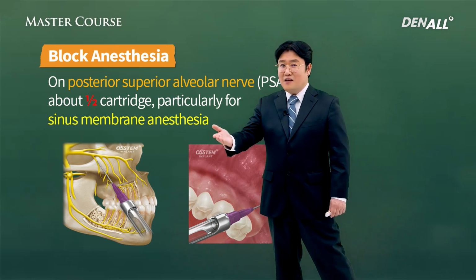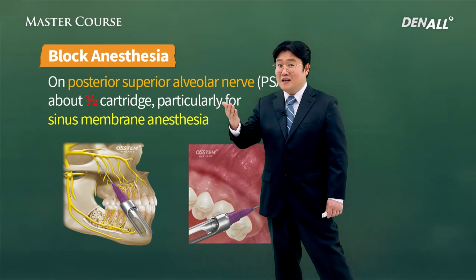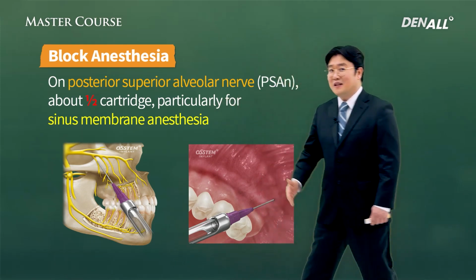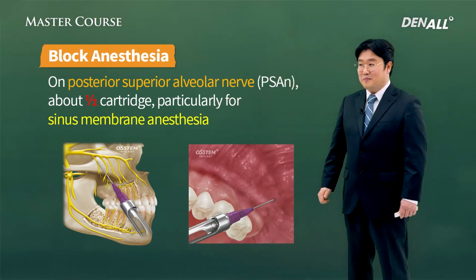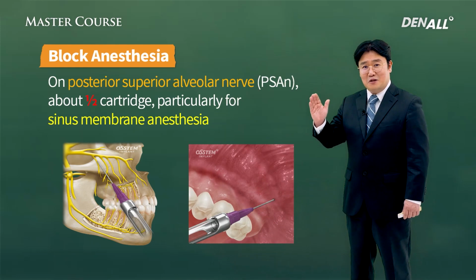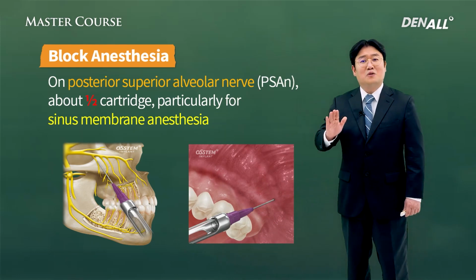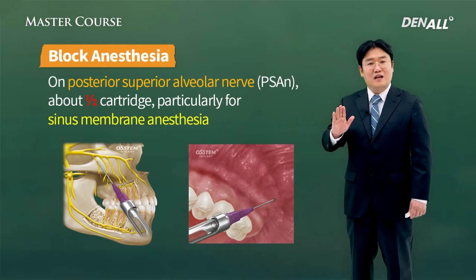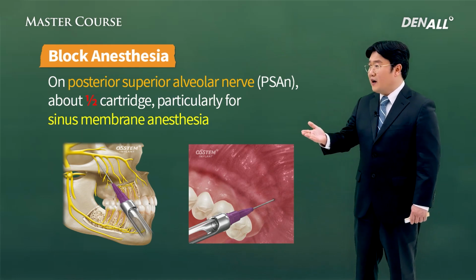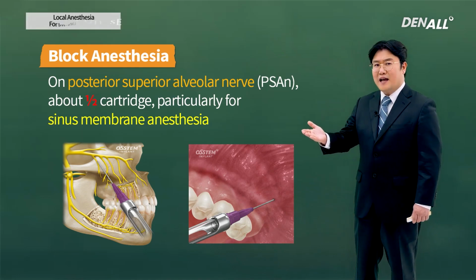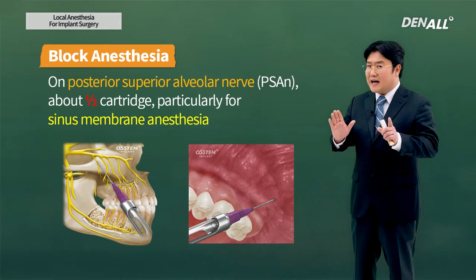Compared to infiltration, it injects a larger amount into a deeper area. The main reason for doing this is, especially when you do sinus lifting, the posterior superior alveolar nerve block can also block the sinus membrane.